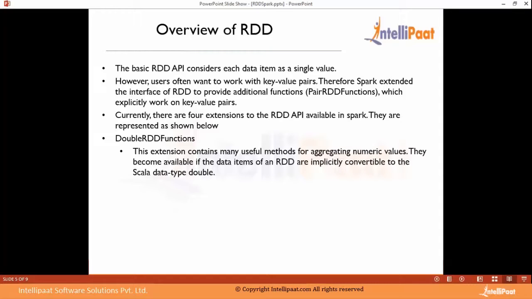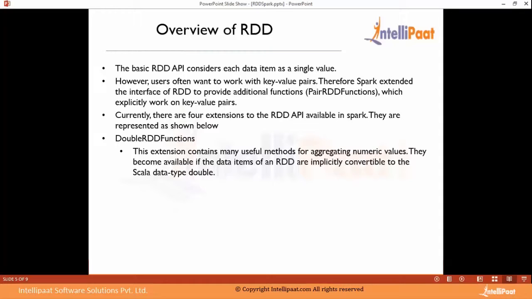This is like the starting of the origin. Initially, the developers thought that each data item is a single item. But in the later stages, when you want to deal with key value pairs, this base class RDD is extended to the pair RDD functions, which allows the user to work on key value pairs.